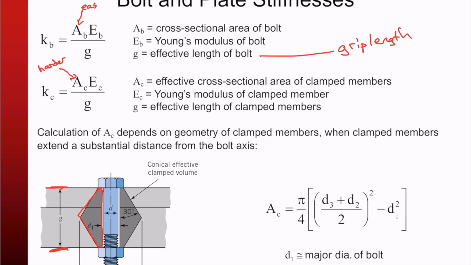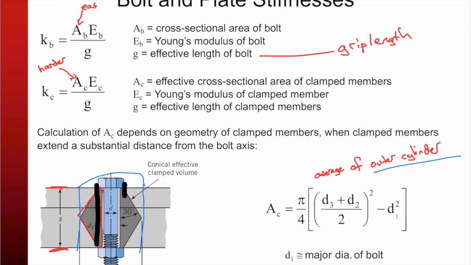So basically this is the average of an outer cylinder. Let's do that in a different color, maybe blue. So here's an outer cylinder, like that. And then combine that with an inner cylinder, which is this guy here.